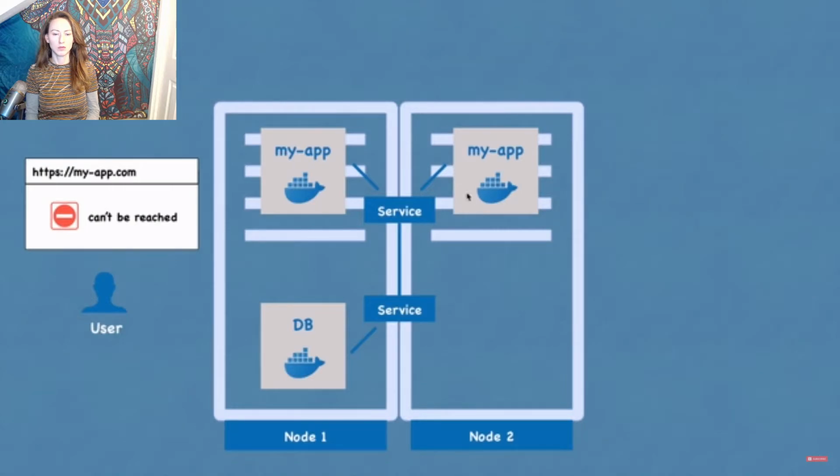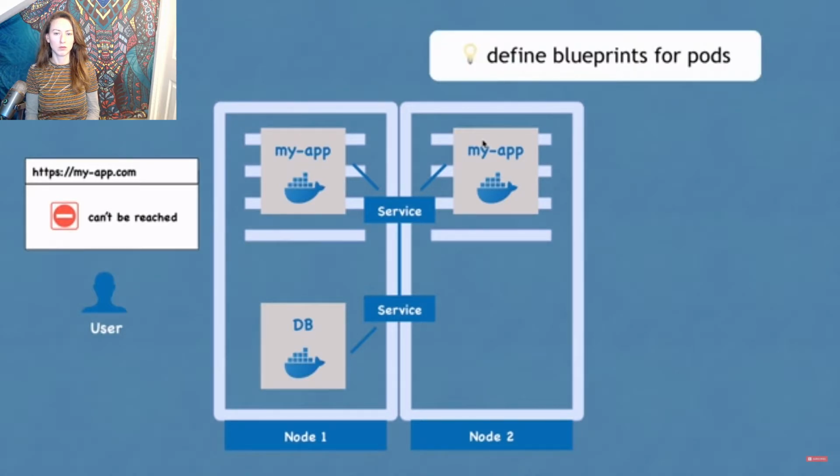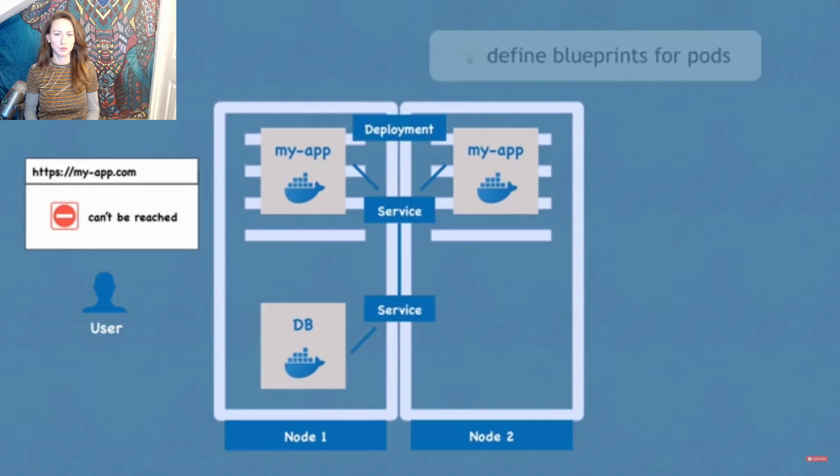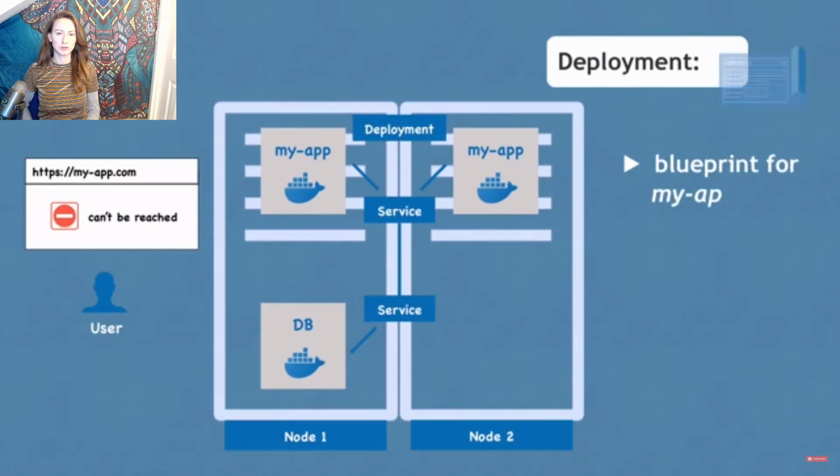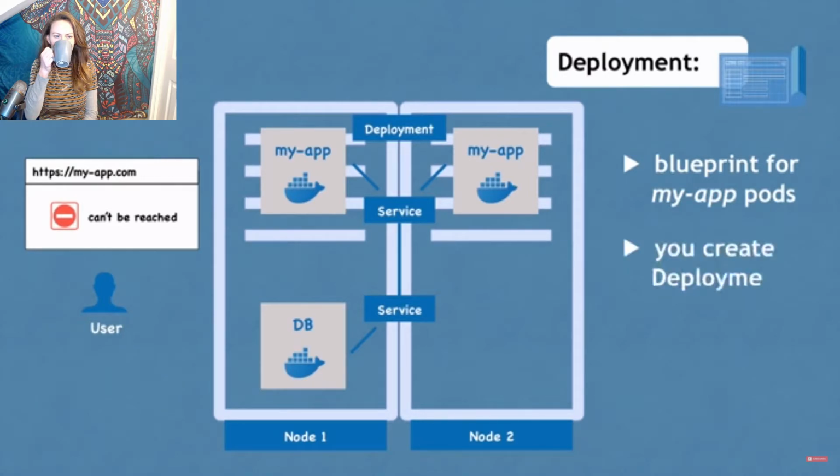But in order to create this second replica of the My Application pod, you wouldn't create a second pod, but instead you would define a blueprint for a My Application pod and specify how many replicas of that pod you would like to run. And that component or that blueprint is called deployment, which is another component of Kubernetes. And in practice, you would not be working with pods, or you would not be creating pods.